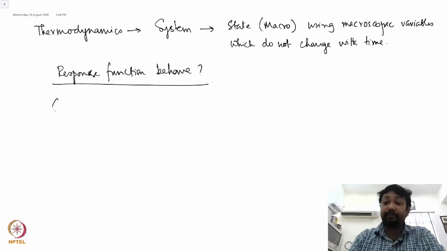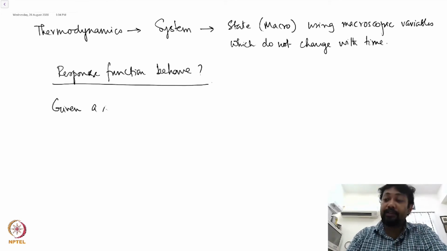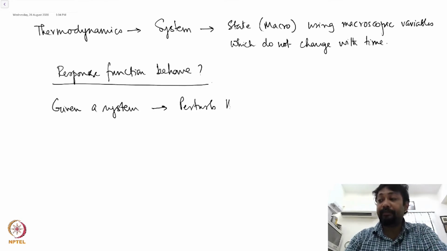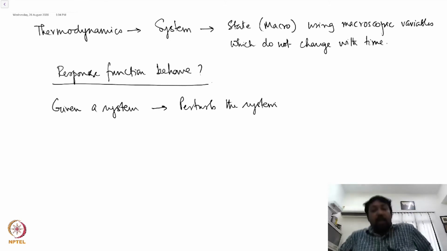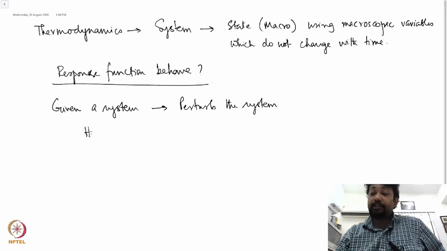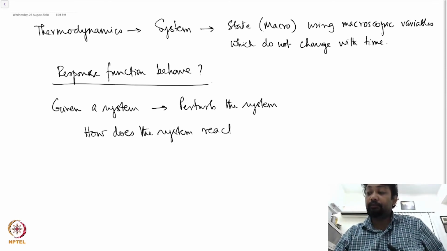Given a system, I can perturb the system, which means I can apply a field to the system. How does the system behave? How does the system react? That is given by the response function.